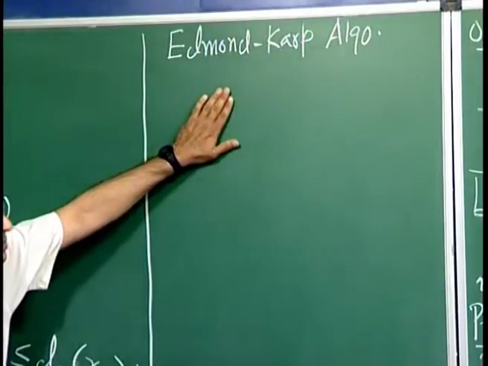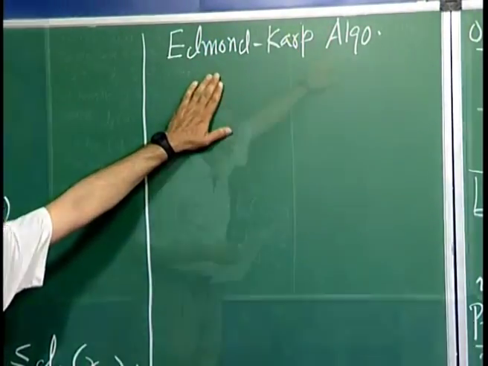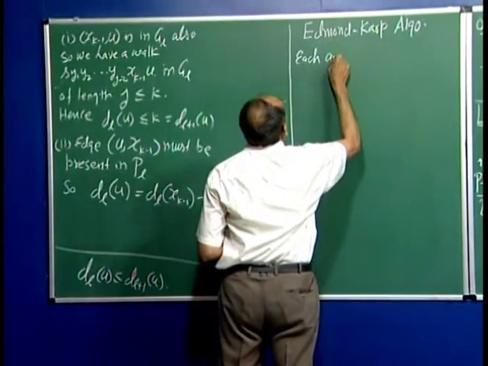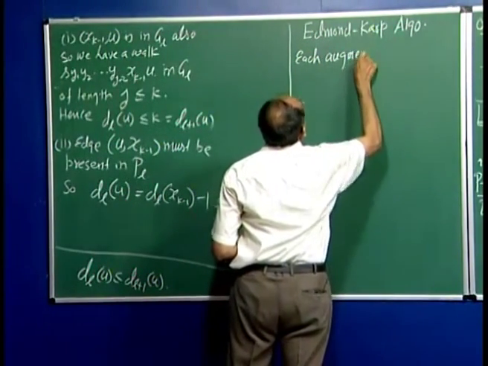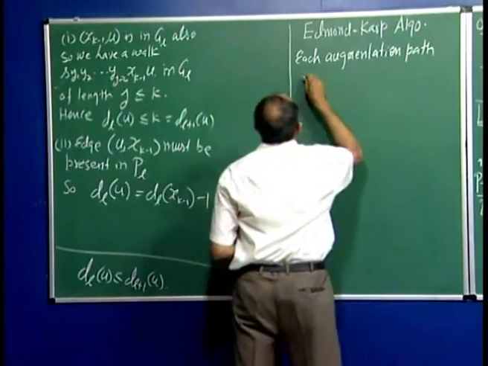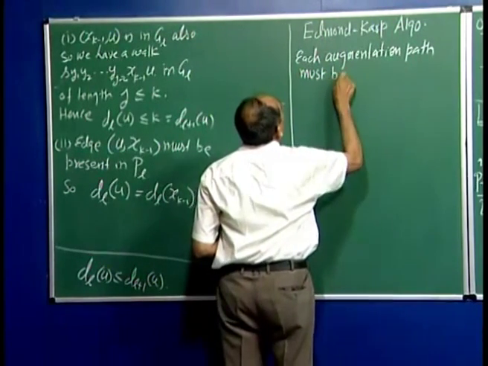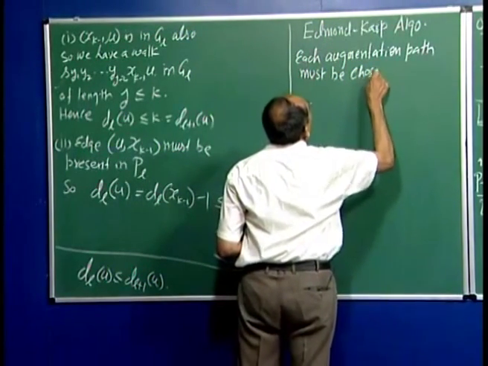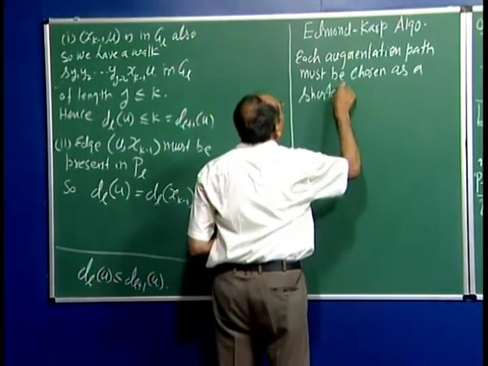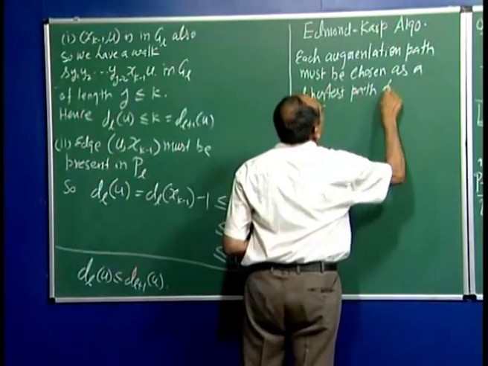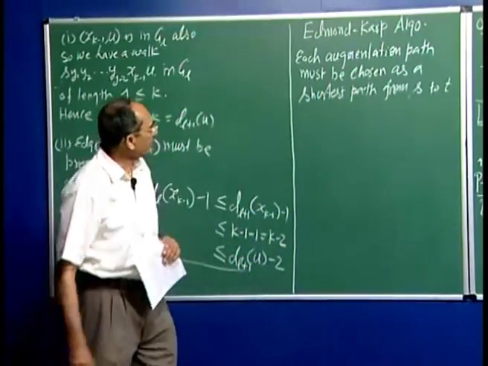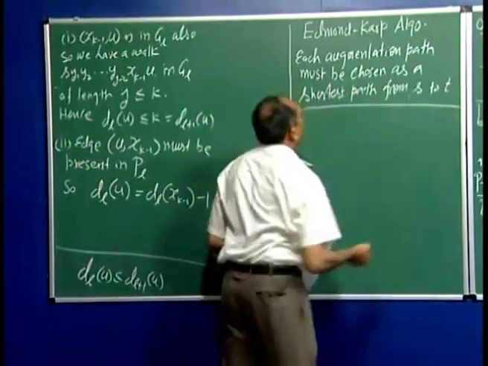This algorithm is nothing but the Ford-Fulkerson algorithm, but they say in addition to this, each augmentation path must be chosen as a shortest path from S to T. This is the only modification in the method.